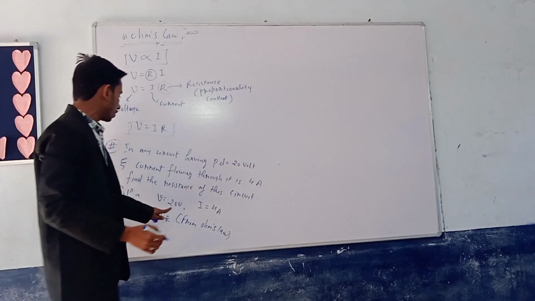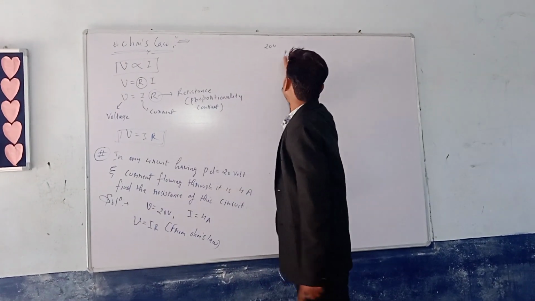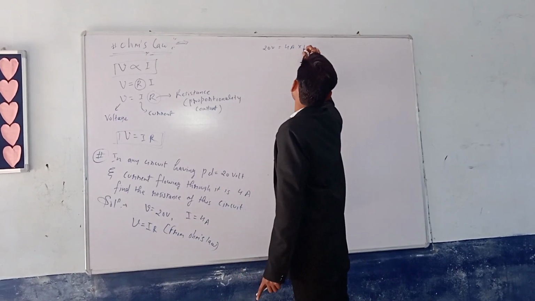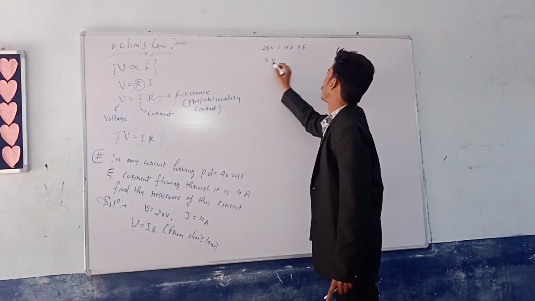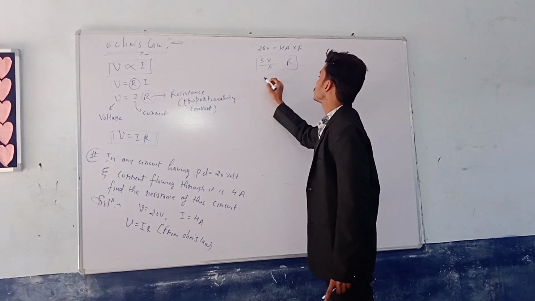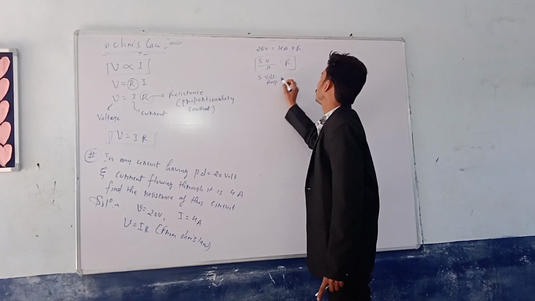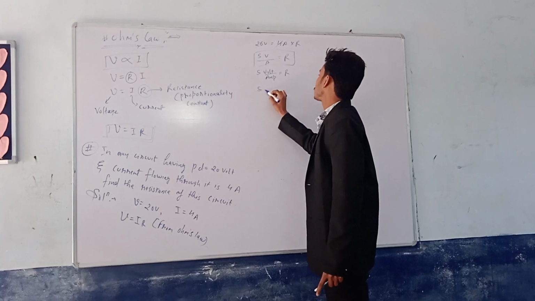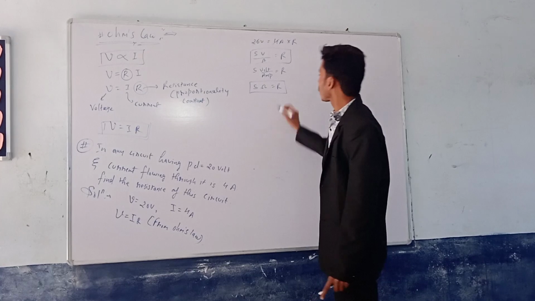Now we have been given V equals 20 volt, and I equals 4 ampere into resistance R. This 4 will cancel this 20, 5 times, V upon ampere is equal to R. So resistance comes out to be 5 volt per ampere, and we know that volt upon ampere is nothing but the unit of resistance. This is actually ohm. So resistance of this circuit comes out to be 5 ohm, right?